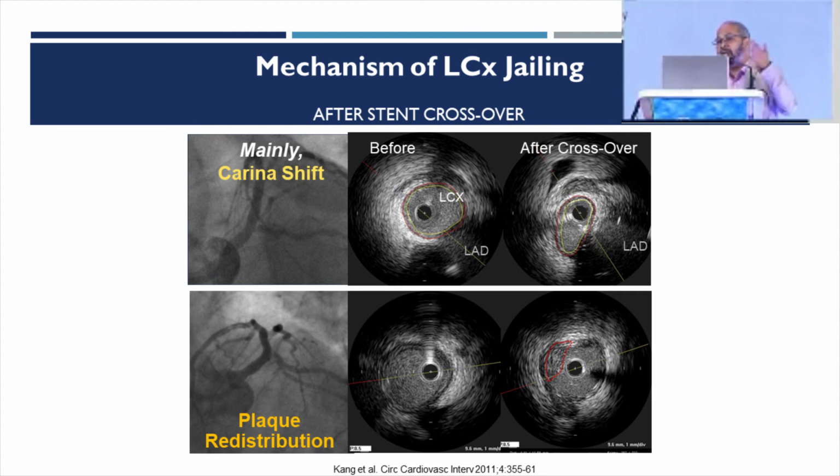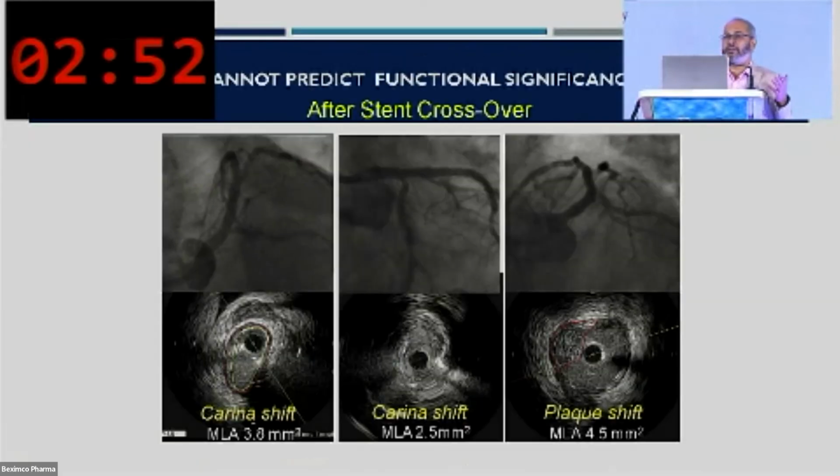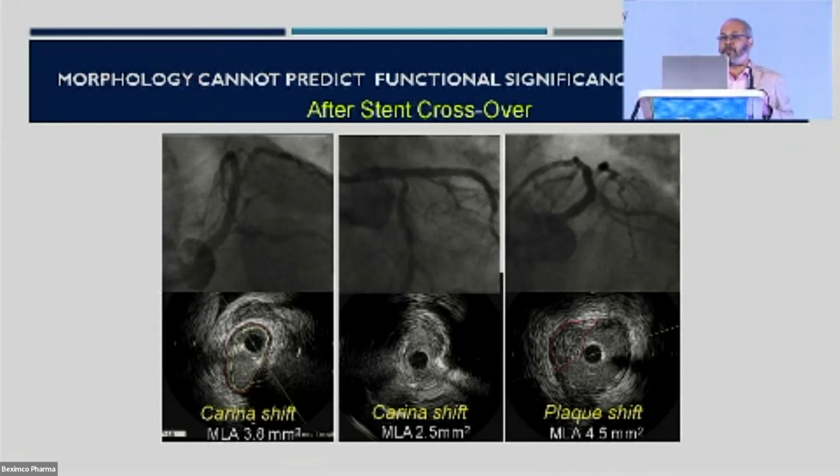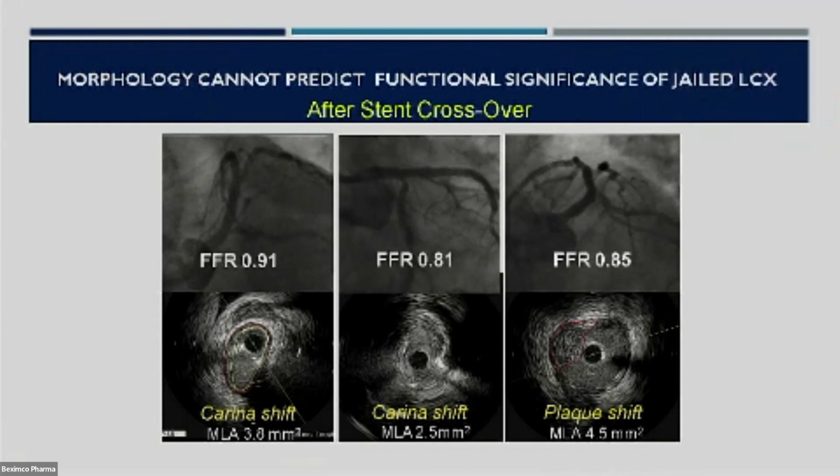But when jailing the LCX, sometimes it seems to be side branch occlusion and gives you a false impression that there is significant disease. But if you look, this may be due to carina shift or plaque distribution. It seems to be anatomically significant disease, but on functional assessment, there is no significant disease.